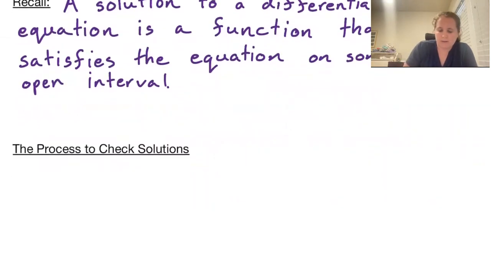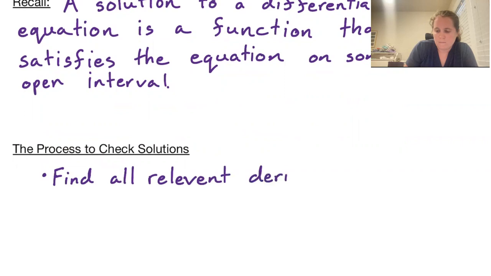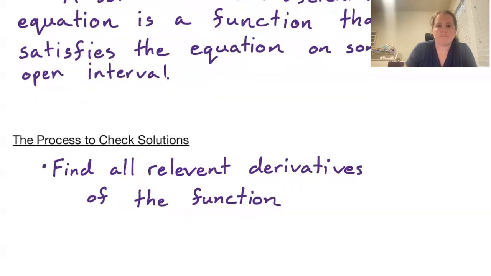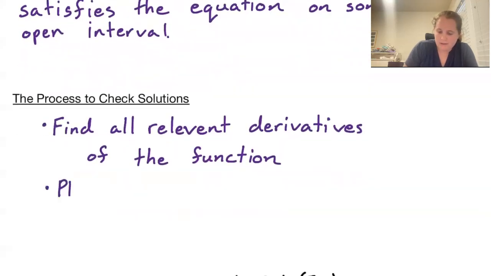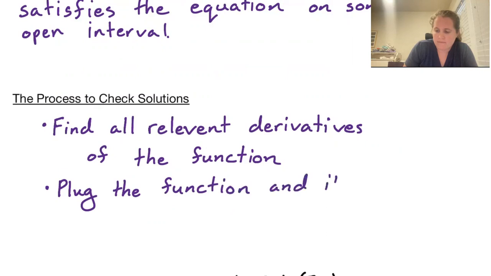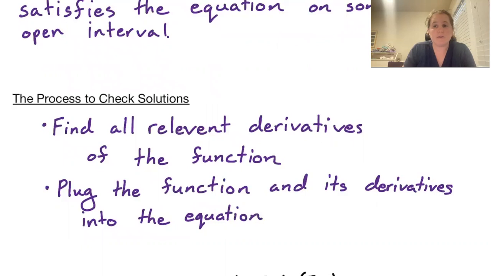For our process, you're going to find all relevant derivatives of the function, plug the function and its derivatives into the equation, and then simply verify that the equation holds true.